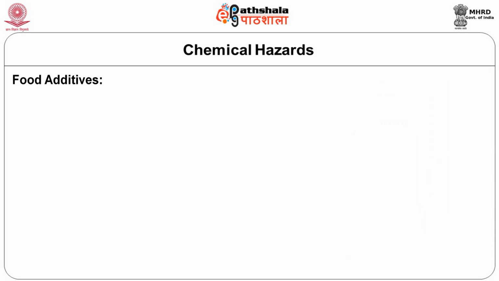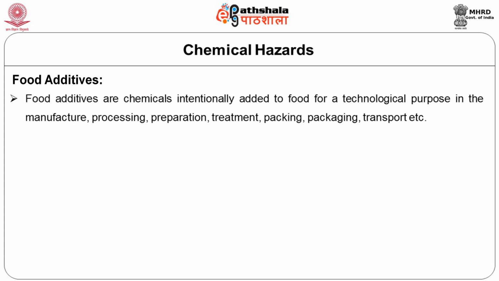The one chemical group that is actually of very much concern to the general public is food additives. Food additives are chemicals intentionally added to food for a technological purpose in the manufacture, processing, preparation, treatment, packaging, transporting. In all these cases, there is a chance these additives can be used. And these additives are permitted by regulatory agencies.